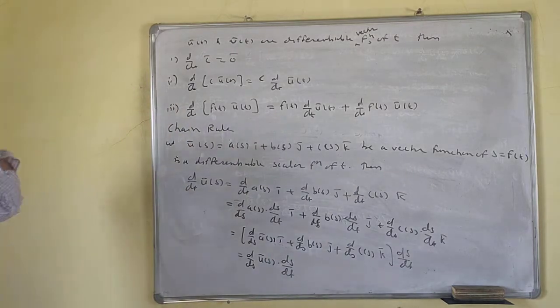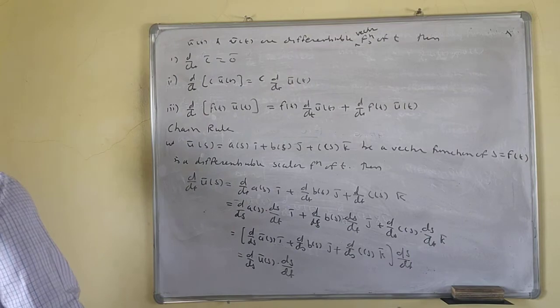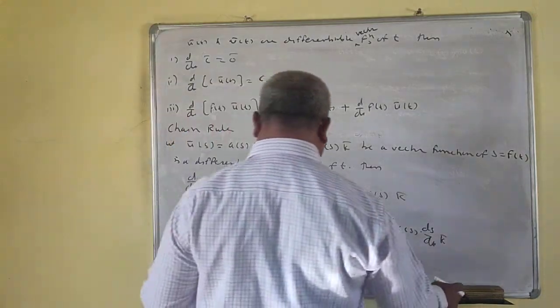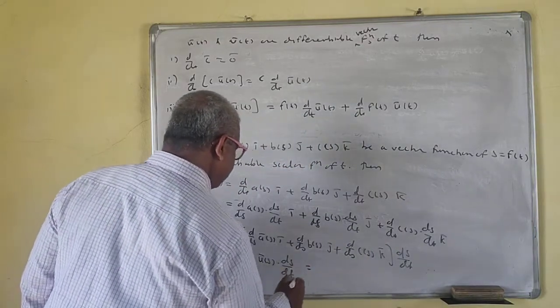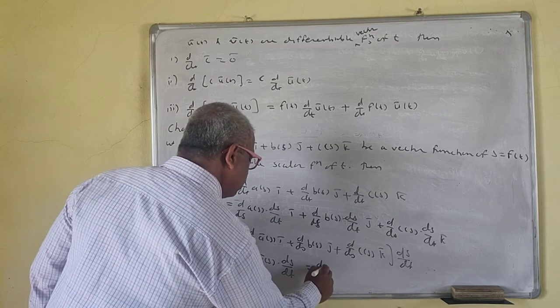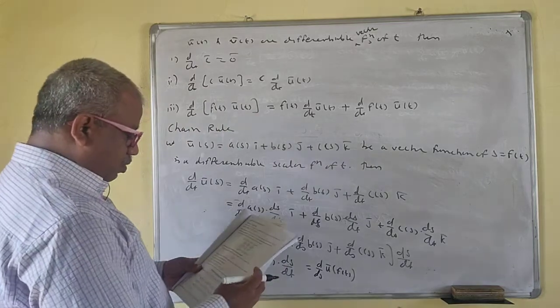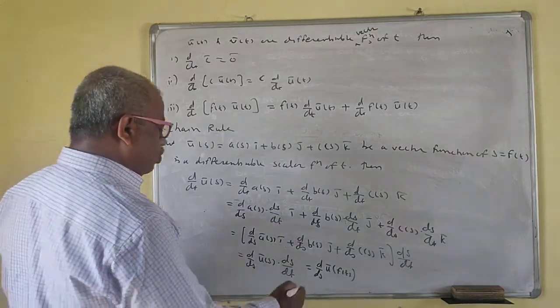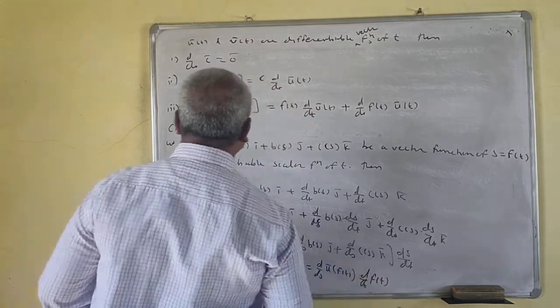Okay. So this is the chain rule. So I can write this as d by ds of u bar of f of t into d by dt of f of t.